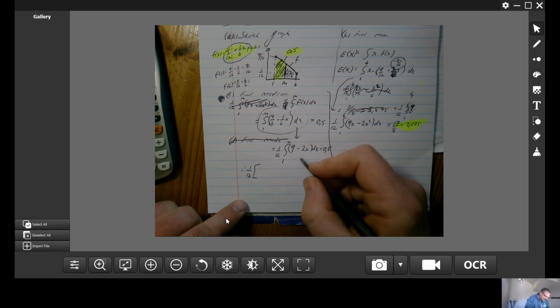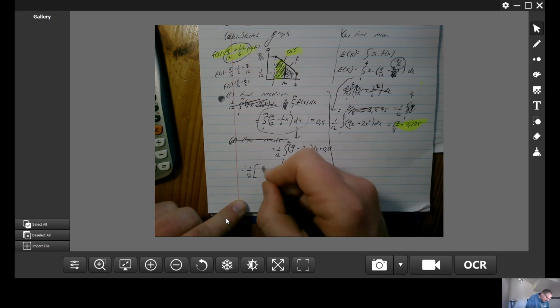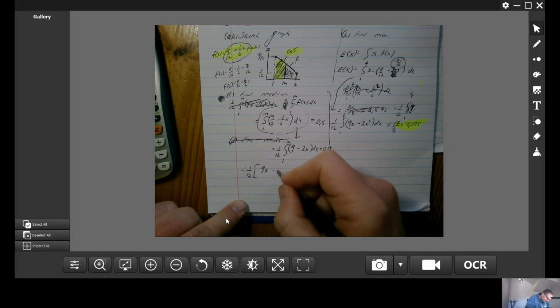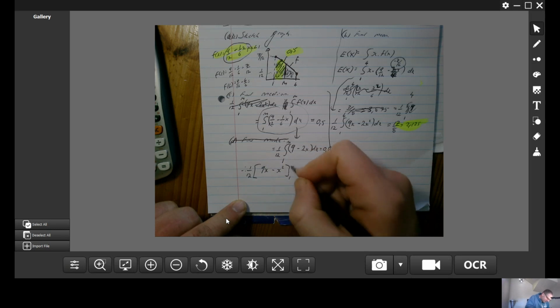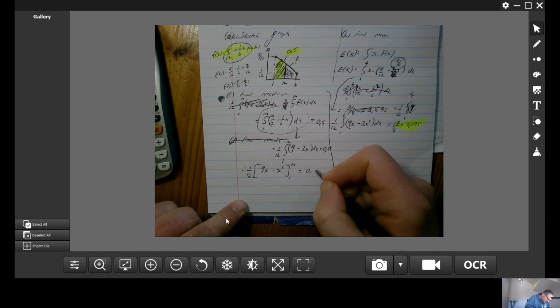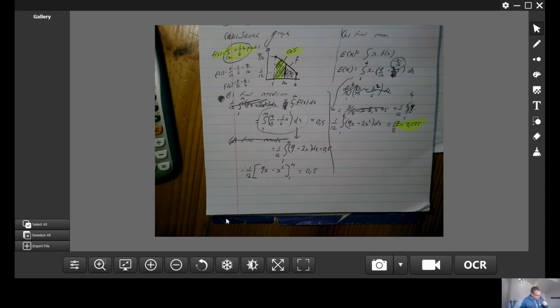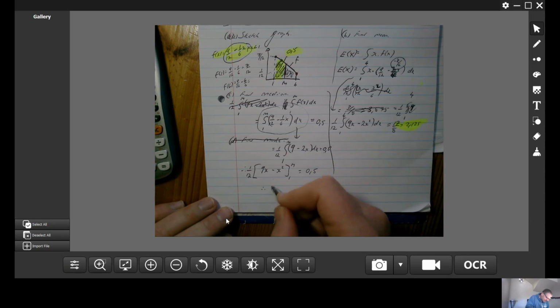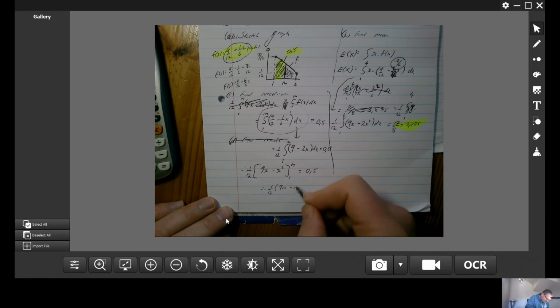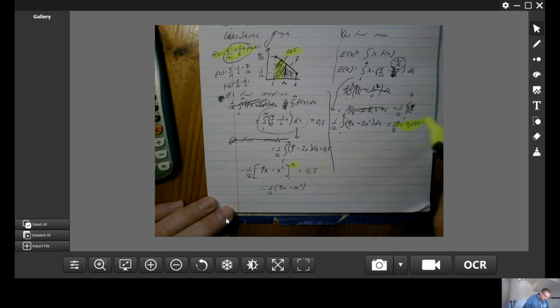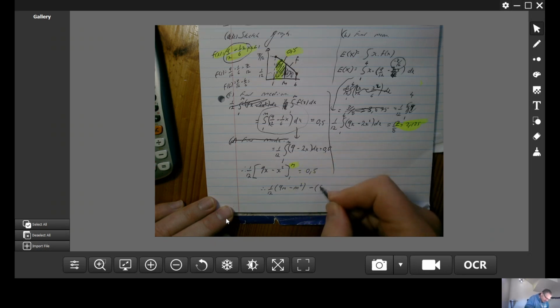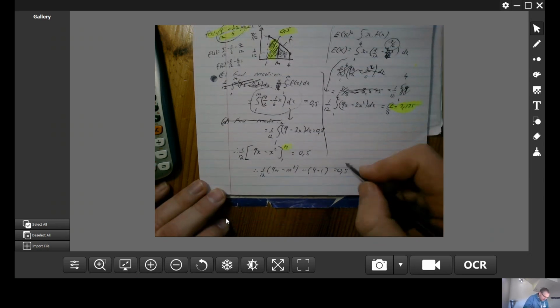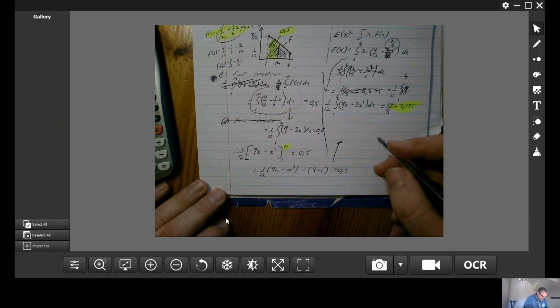Okay. So the integral of 9 minus 2x is 9x minus x squared between 1 and m, and that must be equal to 0,5. If I sub in m, I get a 12th times 9m minus m squared. Now I've got to sub in 1, which will be 9 minus 1, is equal to 0,5.